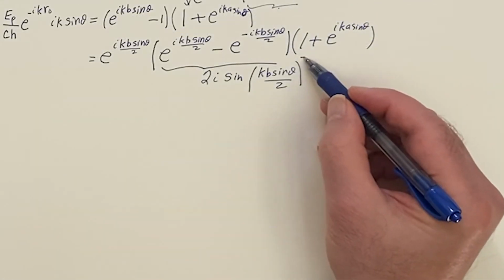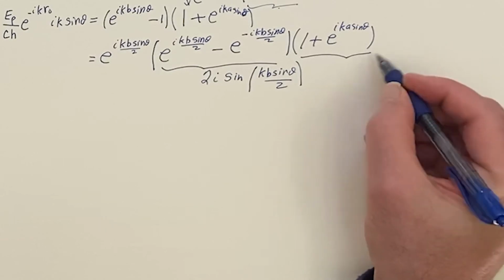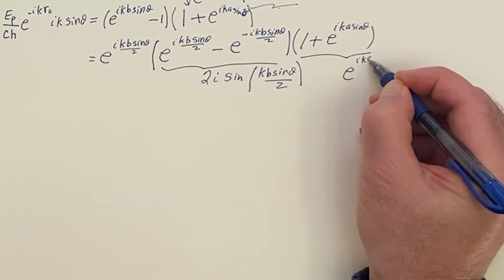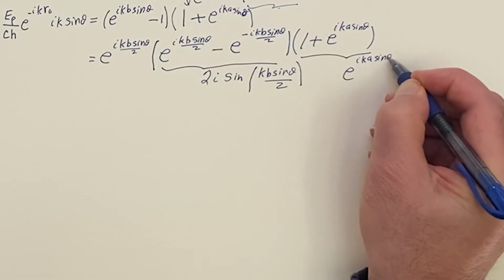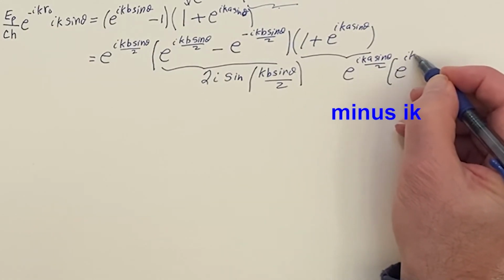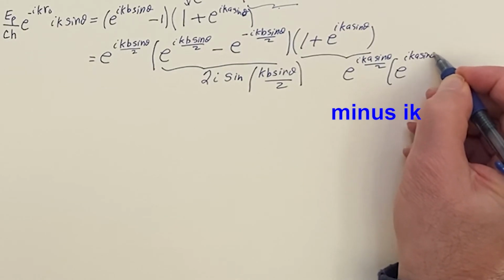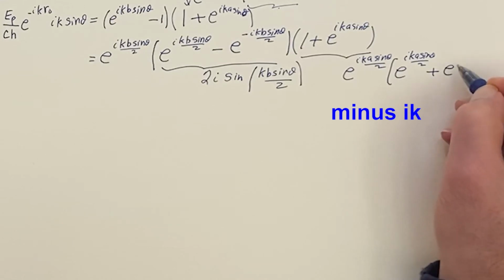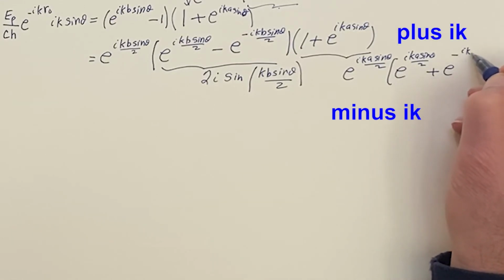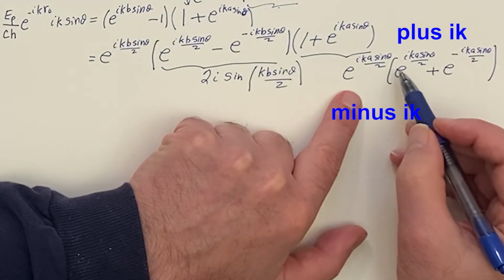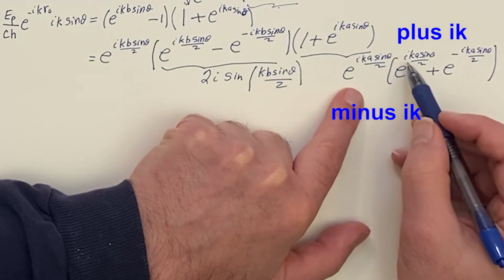And now if I look at this part and play a similar game, e to the ika sine theta over 2, I'll have an e to the ika sine of theta over 2 plus an e with the minus sign. Let's check this to make sure we're good. If this comes in here, you'll get a half plus a half.